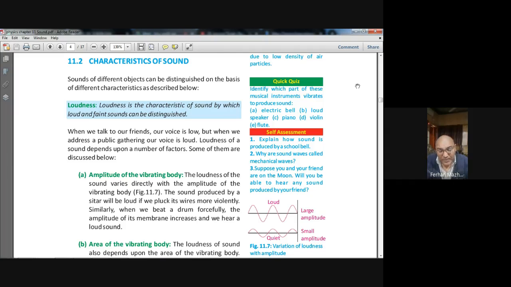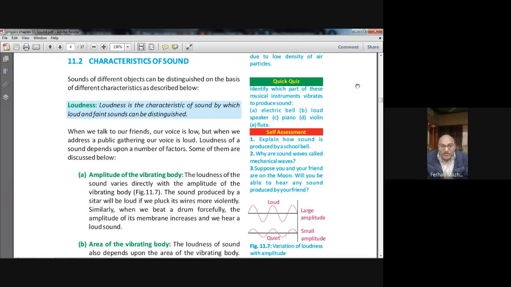It will now be vibrating more distance forward and more distance backward. So one very important factor about the loudness of a sound is the amplitude of the vibration of the body which is producing the sound.